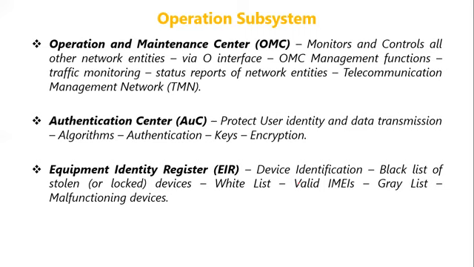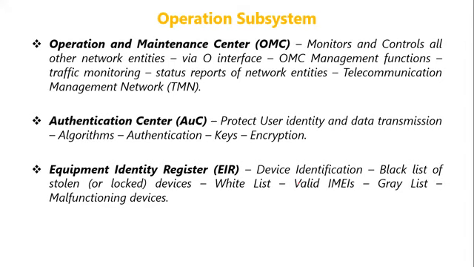Mobile phones may get stolen, and with a valid SIM, anyone can use the stolen MS. Somebody can steal a mobile phone, insert some other SIM and use it. So the EIR will have a list of stolen devices, which is also called blacklisted or lost devices.